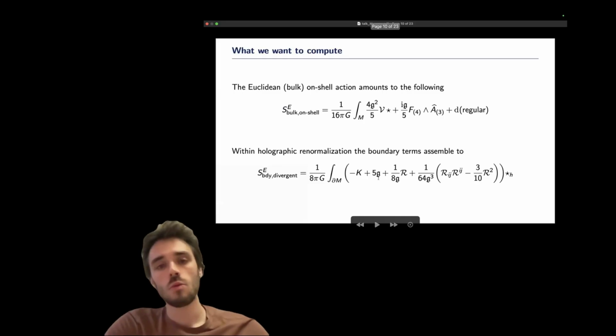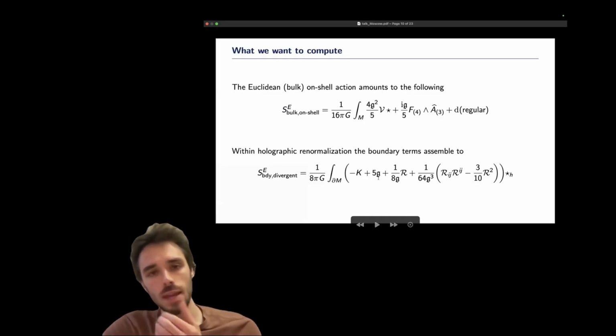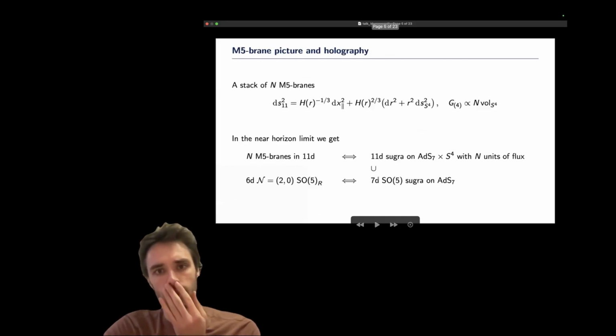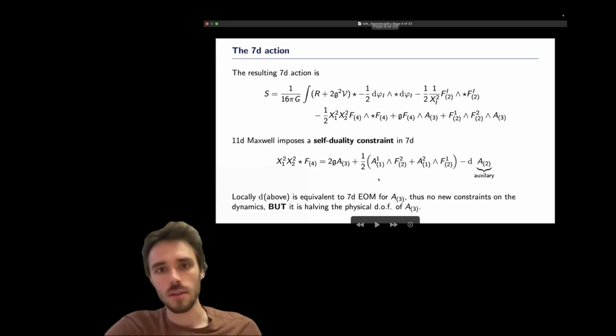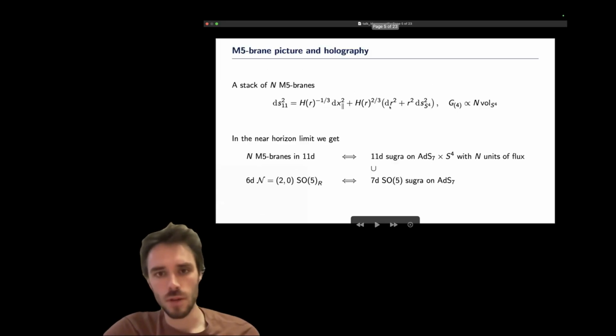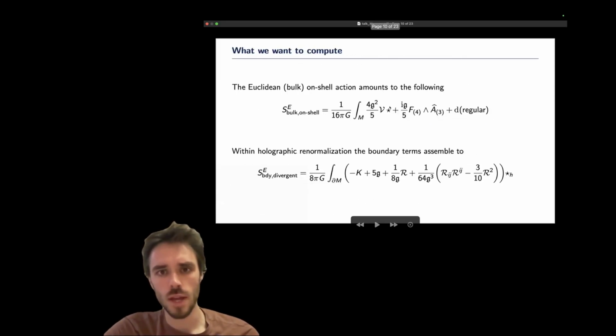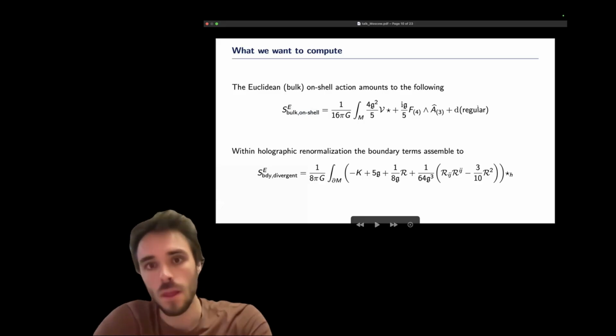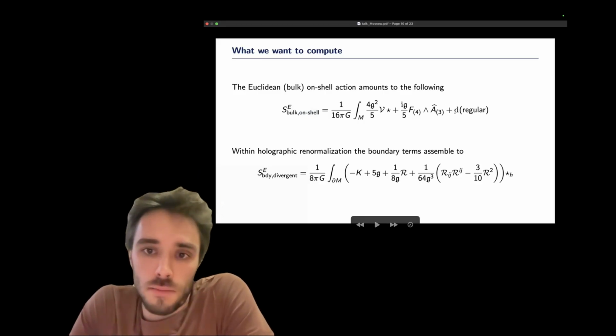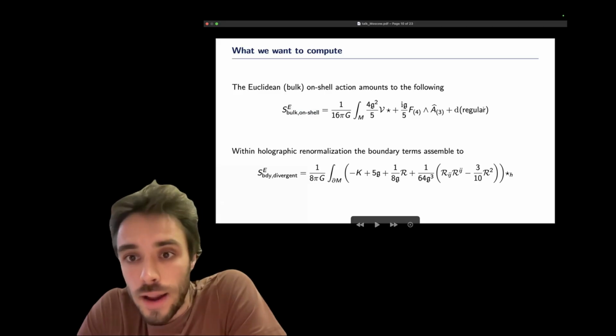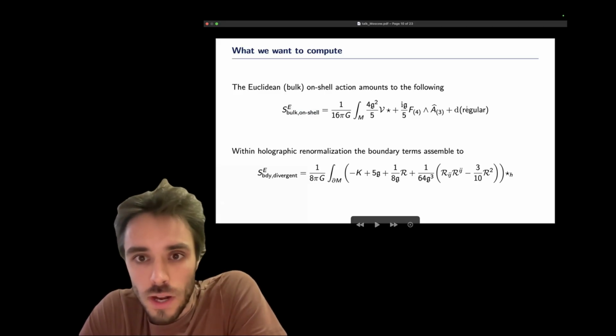And now what do we want to compute? You take this action here, the bosonic part, and you impose the equations of motion. It's a little bit of algebra to show that on shell it collapses to the following expression. So it is a total derivative of something regular, and that's crucial, and I'll explain in a second.